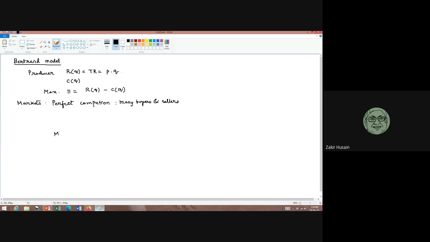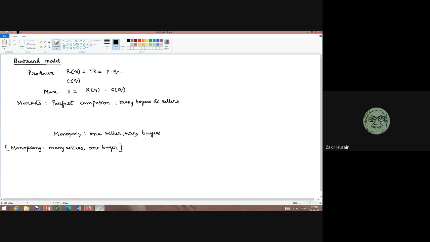On the other extreme, we have a monopoly where there is only one seller. There are many buyers, but only one seller. When you study the input market, you will see there's also a monopsony. Monopsony is where there are many sellers, but only one buyer.